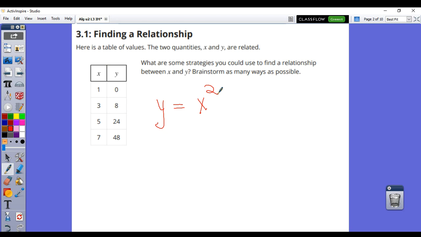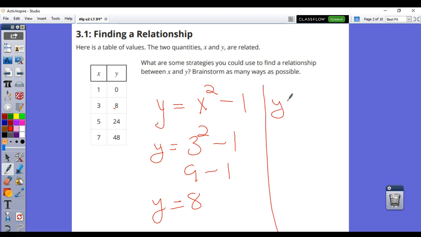Correct. We would subtract 1 from that. So when we substitute the 3 in, for instance, Y is equal to 3 squared minus 1. That's 9 minus 1, and Y is equal to 8. And that will work for all of the other ones as well.